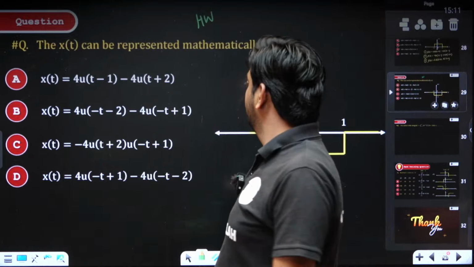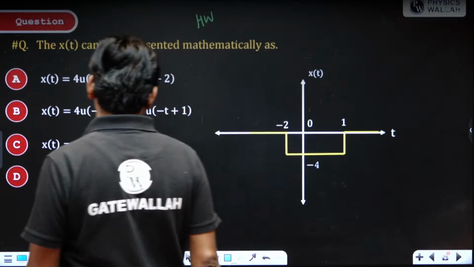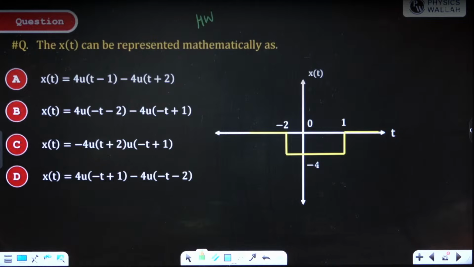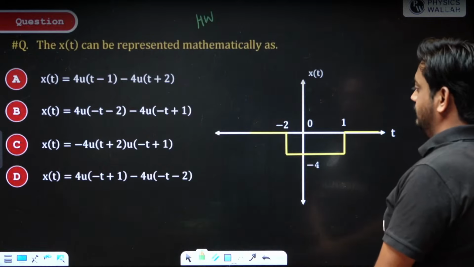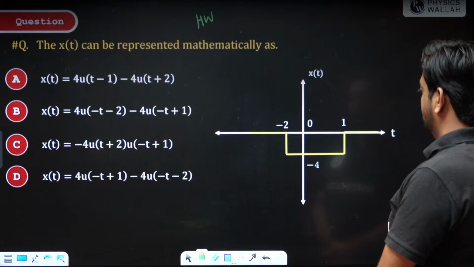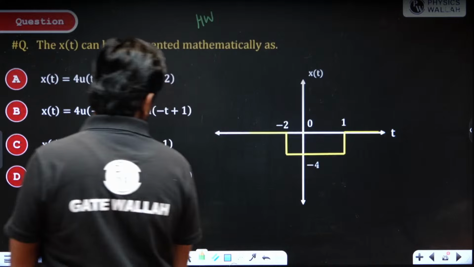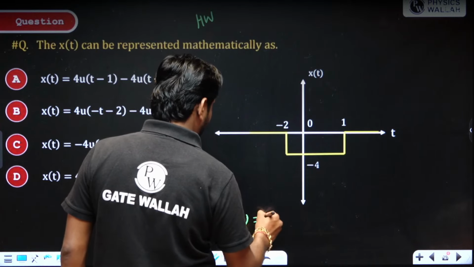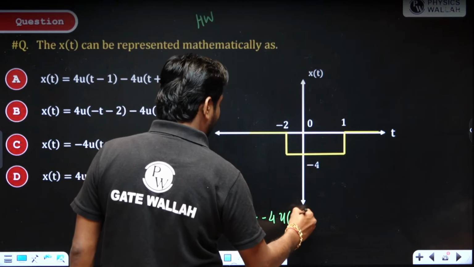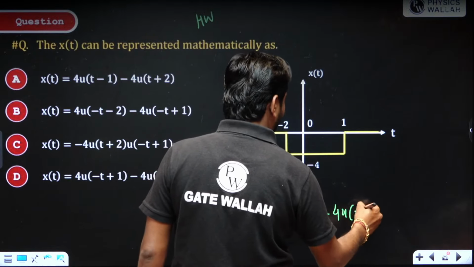Only option C. Only option C is correct. Sure? Minus 4 u of t plus 2 into u of minus t plus 4, minus 4 u of t minus 1, u of t plus 2. See, x of t is minus 4 u of t plus 2 plus 4 u of t minus 1.